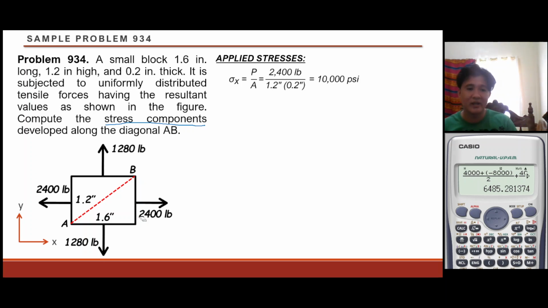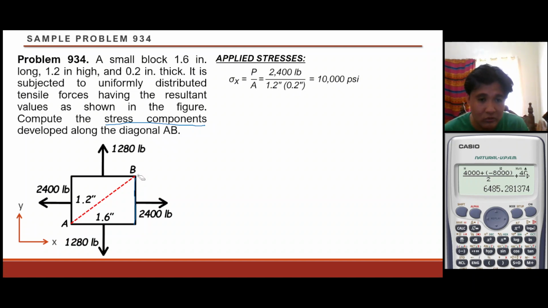The dimensions of our block are given in the problem. The height is 1.2, the base is 1.6 inches, and the thickness is 0.2 inches. So this dimension would be 1.2, multiplied by the thickness of 0.2 inches.